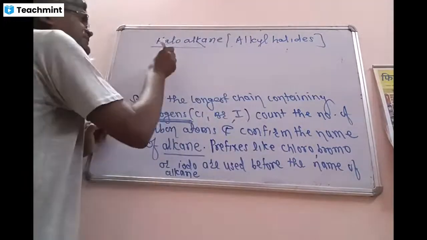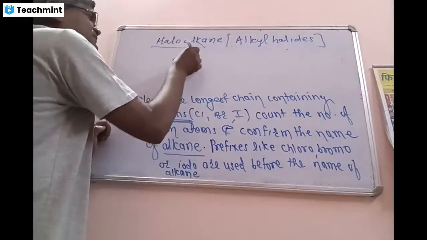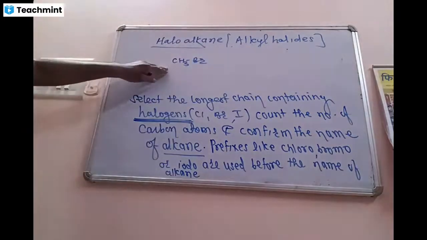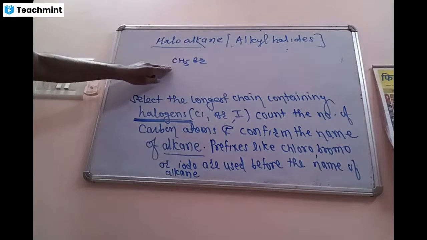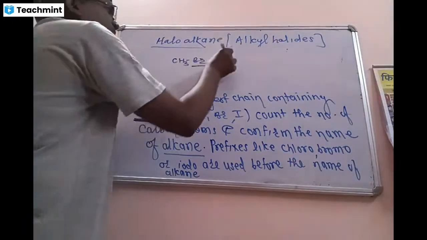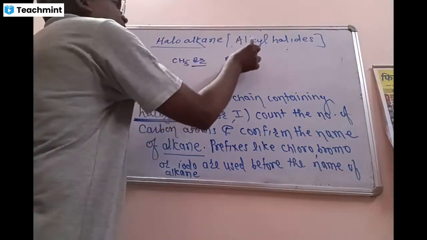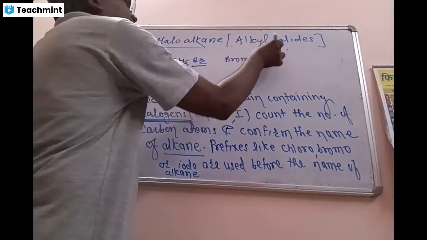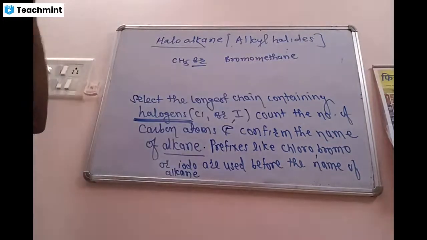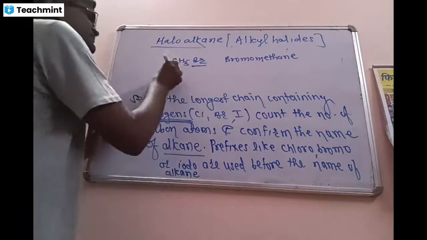See here. Have you selected the chain? Yes, sir. How many carbon atoms are there? 1. What is the name of the alkane? Methane. So what prefix do I have to use? Bromo. Is there any need for position here? No need of position.